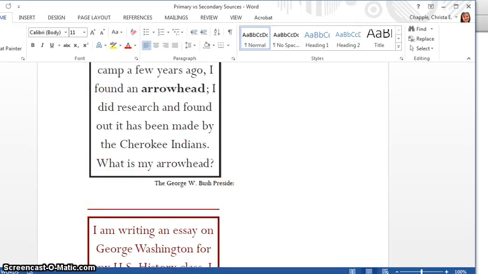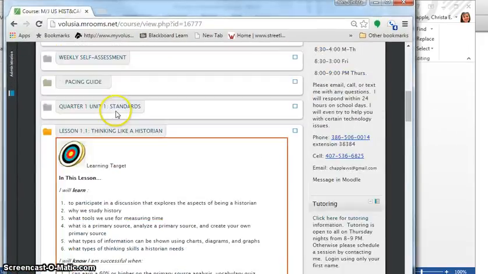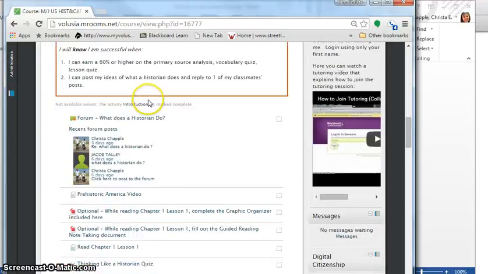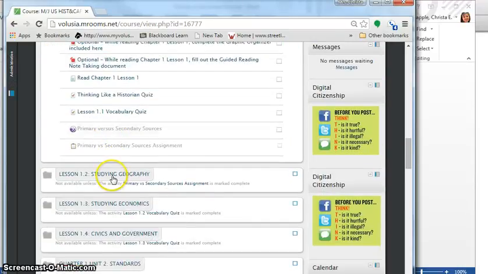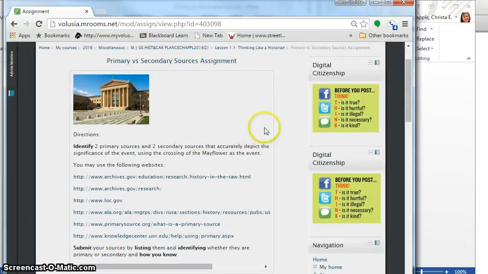Now let me explain the assignment. Okay, so you're going to find the assignment for this in lesson 1.1, Thinking Like a Historian. And if you go down to the primary versus secondary sources assignment, that's where you'll find what you're going to do with this information.